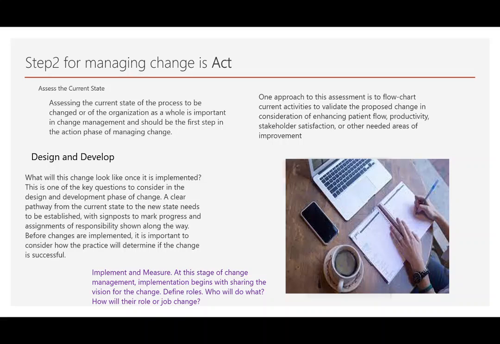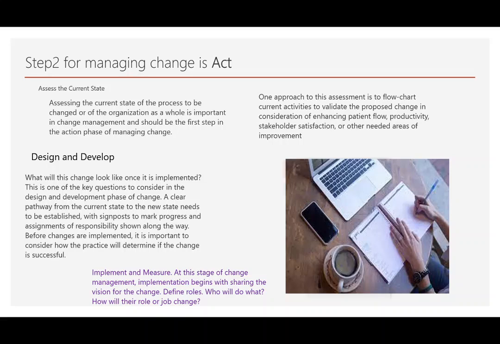One approach to this assessment is to flowchart current activities to validate the proposed change in consideration of enhancing patient flow, productivity, stakeholder satisfaction, or other needed areas of improvement.